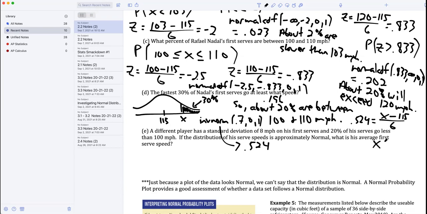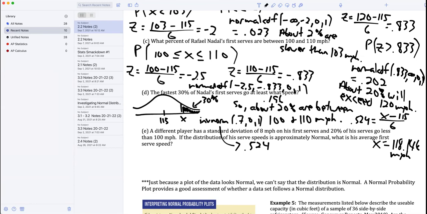If you do that, I got 118.144. Close enough on that.